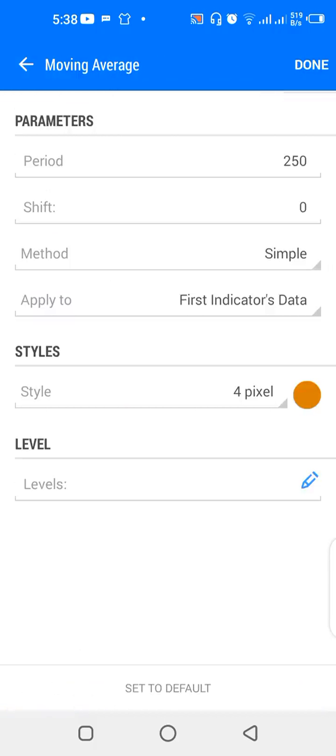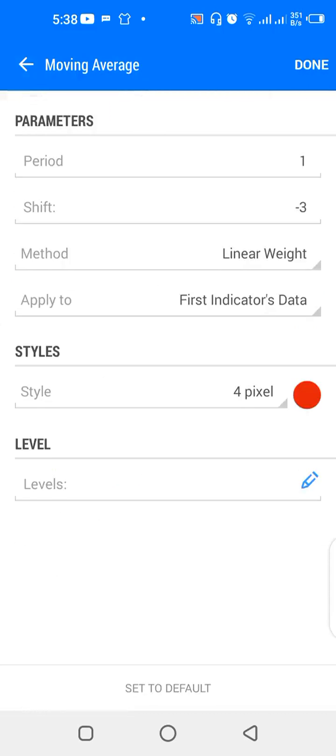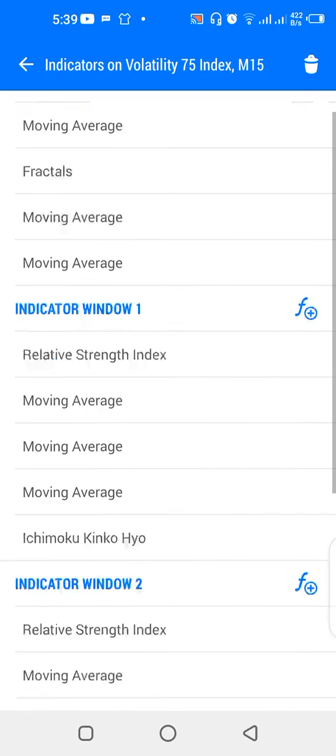The period is 250, method is simple, apply to first indicator's data, and the color is orange. Still on indicator window 2, we have another moving average. Period is 1, shift is -3, method is linear weighted, apply to first indicator's data, and the color is red.